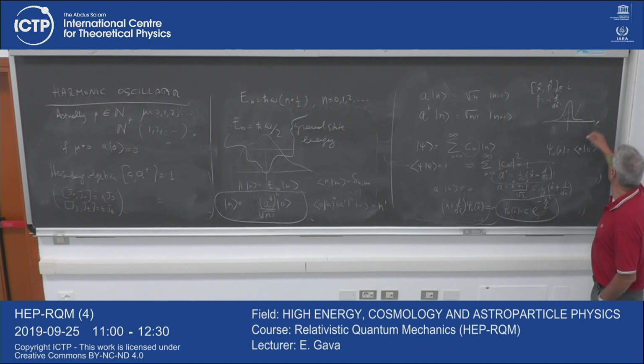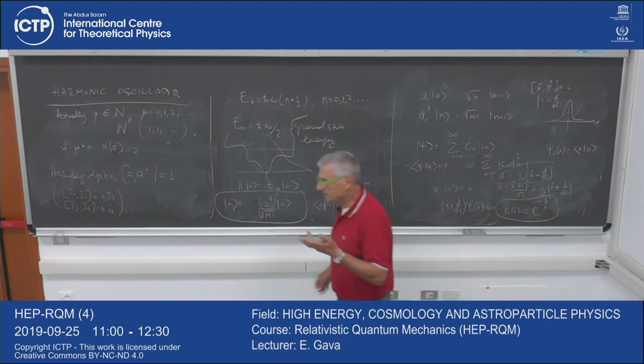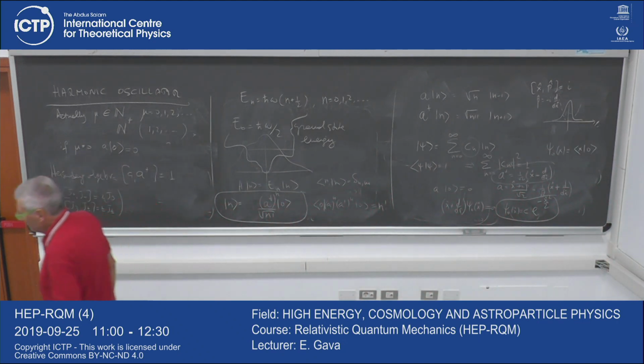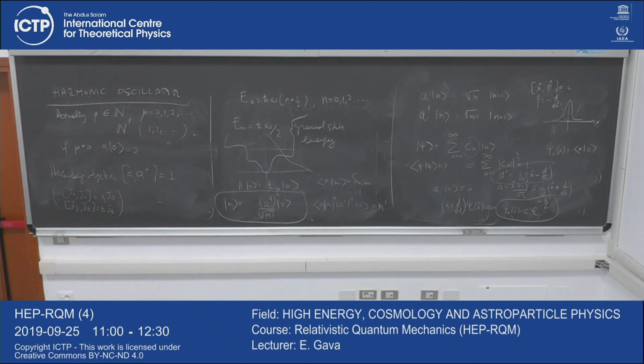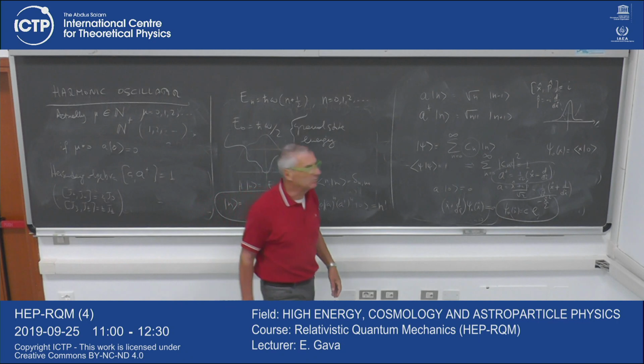But now, when you go to excited states, there is a general fact of quantum mechanics that the number of nodes of the wave function, which is the number of crossings of the x-axis, is related to the energy. So the more excited the state, the more crossings you get. This is a general fact in quantum mechanics.